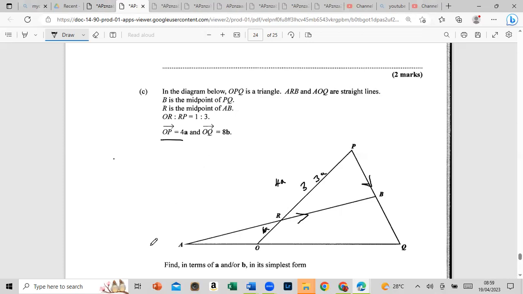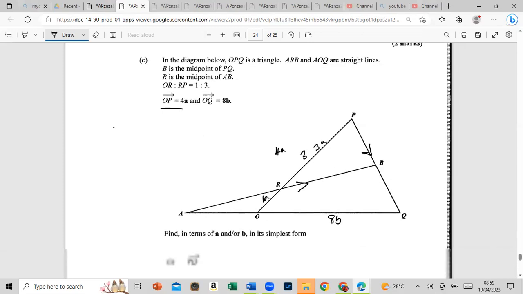And then OQ, so from O to Q, right here, is 8. The first thing they ask us to do is to find PQ. So we want to find from P to Q. I'm trying to figure out if it was OP. Oh yeah, OP.